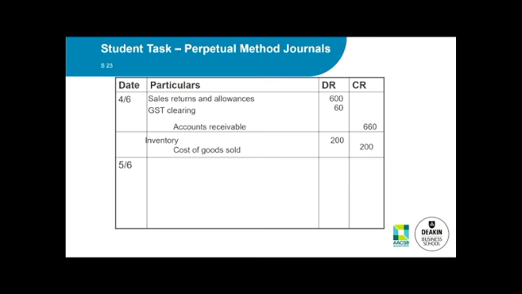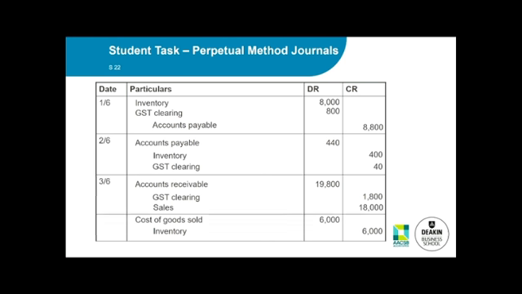Okay, so let's go back to here and let's have a look. How much do they owe us now after this transaction? They owe us $19,800, correct? That's how much they owe us now. Yeah, so they owe us $19,800 minus $660. So they owe us $19,140.